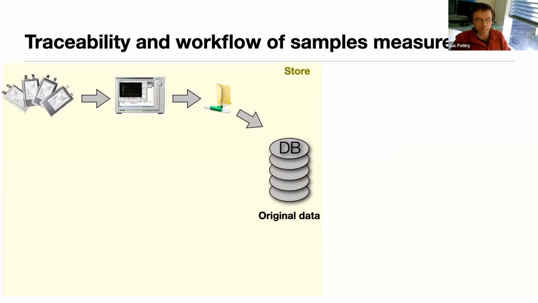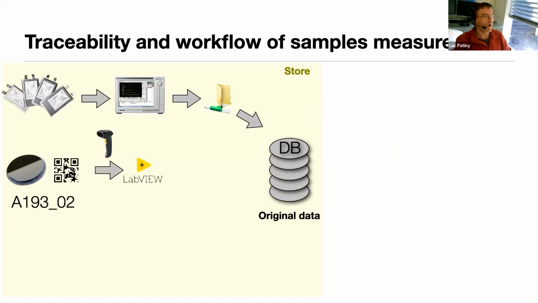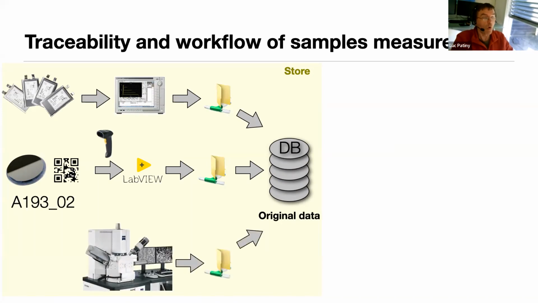And hopefully you have a QR code or data matrix code so that you have good traceability. And maybe you use another software, another experiment, and somehow it's saved in a folder, and we can import it in a database. Or maybe it may be images, NMR spectra, infrared spectra, whatever you want.